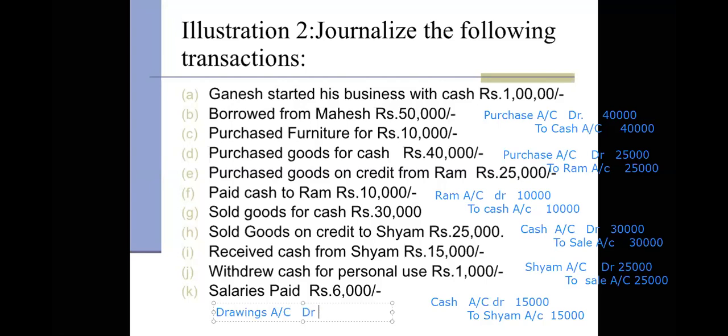Drawing account debit, amount is 1000. Now what will be credited? क्या withdraw किया है? What is going out? Cash. Cash account will be credited. बात समझ में आ गई?